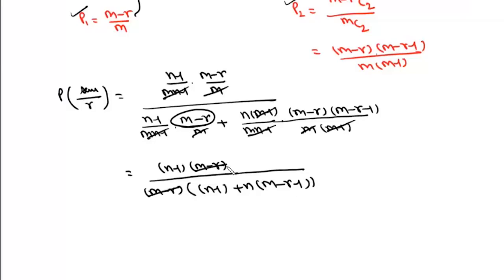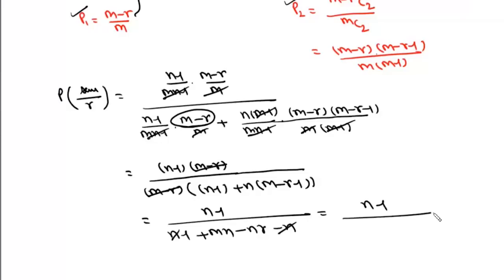Now m minus r will cancel, so we can write this as (n minus 1) upon (n minus 1 plus mn minus nr minus n). Now n and n will cancel, so this probability will be (n minus 1) upon (mn minus nr minus 1). And that is the answer to this question.